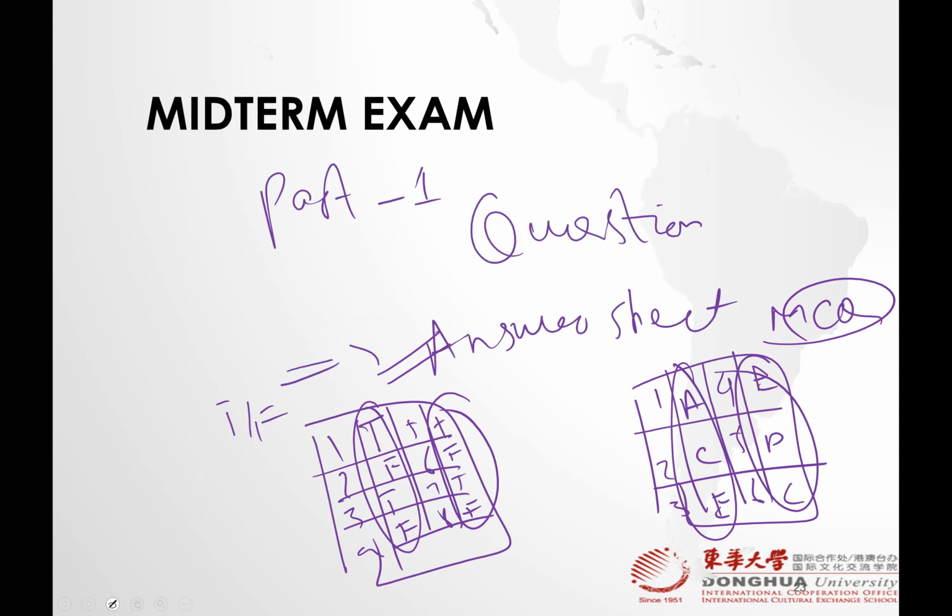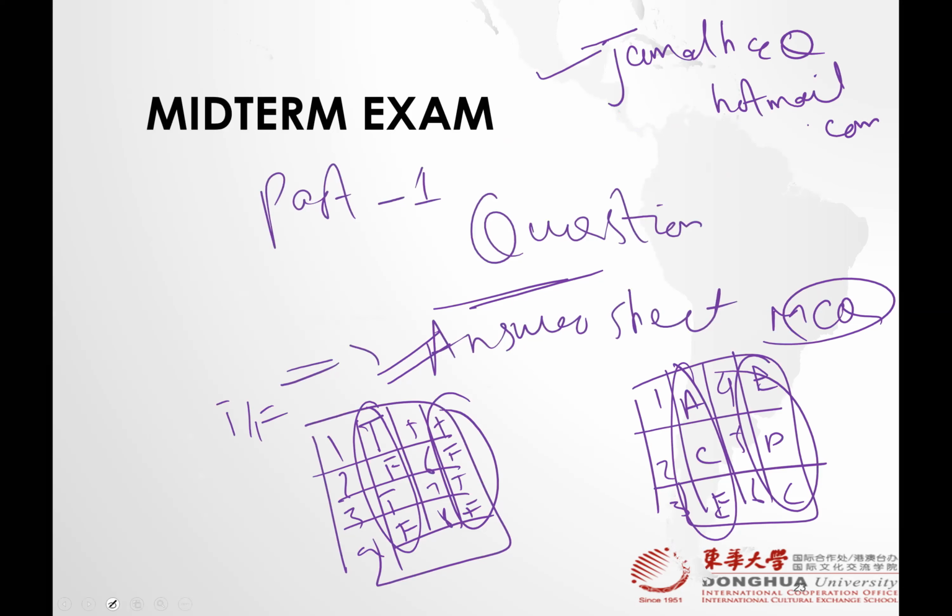Then send it to my WeChat or email. You know my email is jamal@cc@hotmail.com. I will also paste my email address on the answer sheet. You are required to send this answer sheet to my email or my WeChat, like you are sending me the assignment.